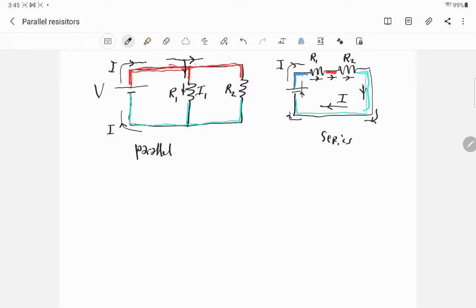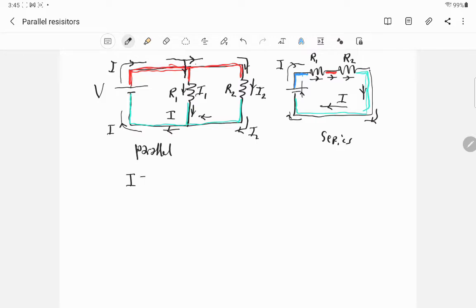And this other current goes through R2 instead, so I'll call it a different name because in general it won't have the same value. And this current rounds the corner, and these two currents rejoin at the junction to remake the current I.